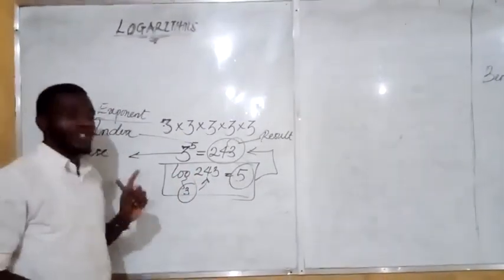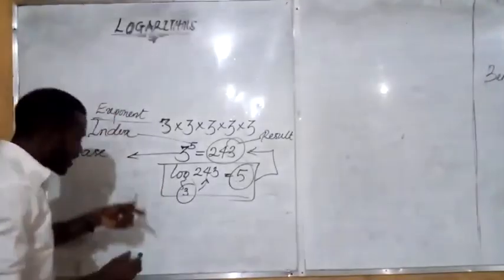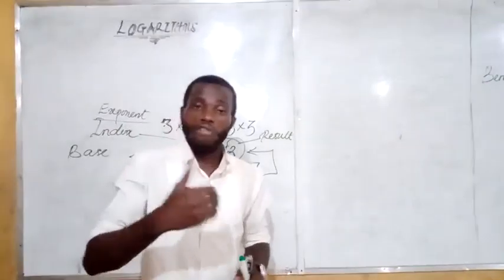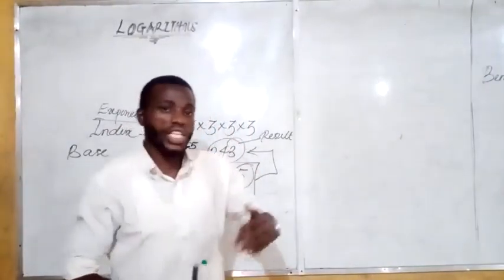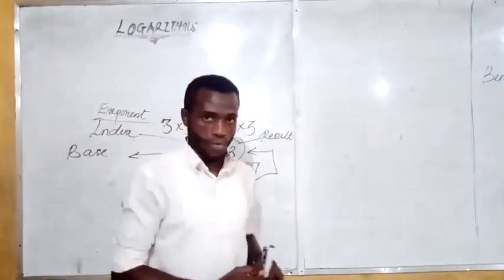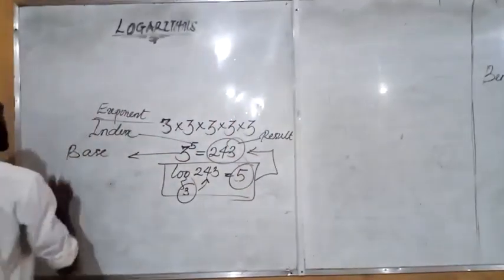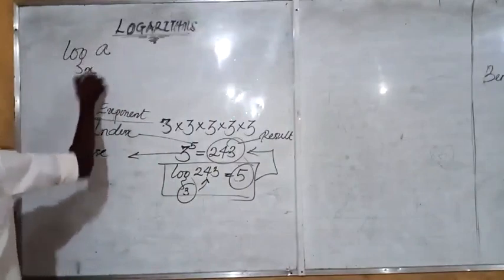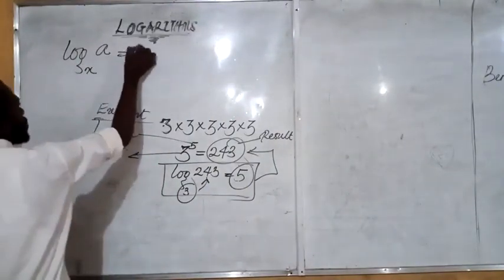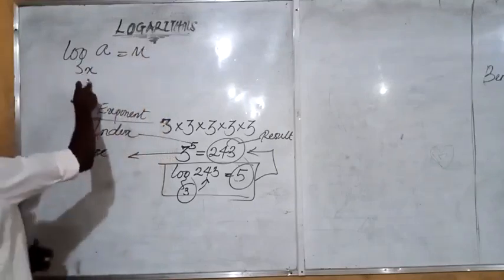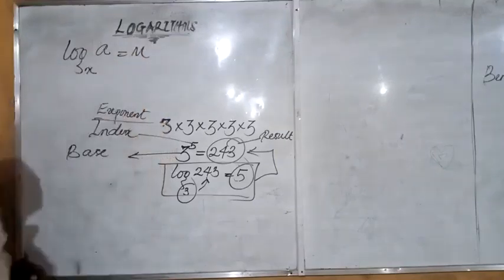So that is what logarithm is. The log of a number at a particular base is basically what number I will raise that base to, to give me that number I'm looking for. So we could write this as, say, the log of a to the base x is equal to m, for example, which means that it is m that I will raise x to, to give me a.